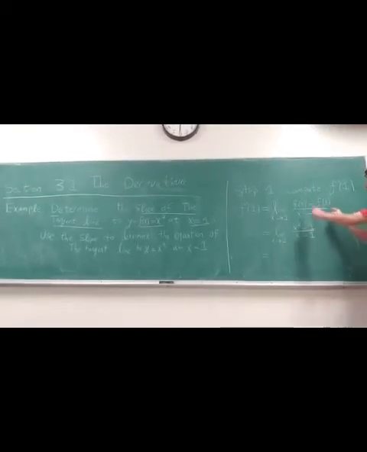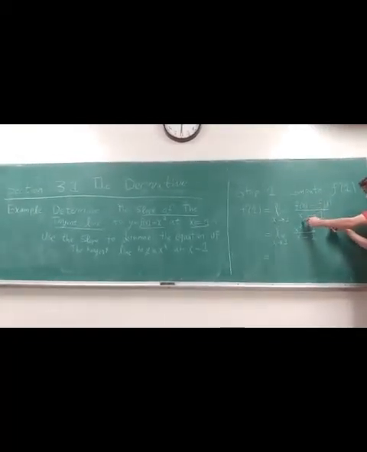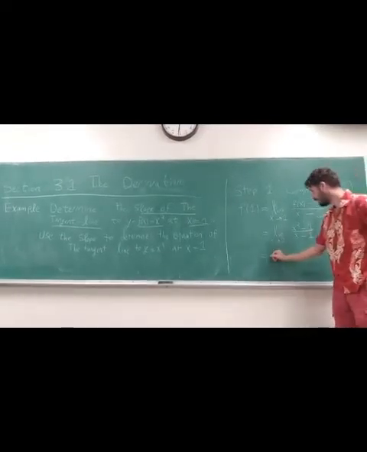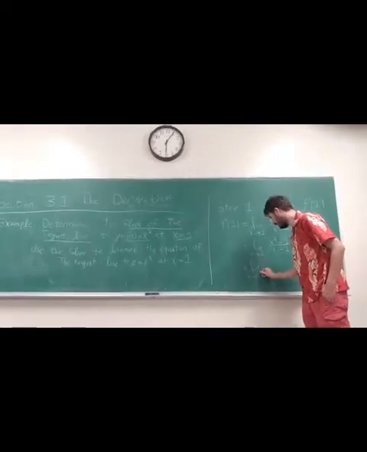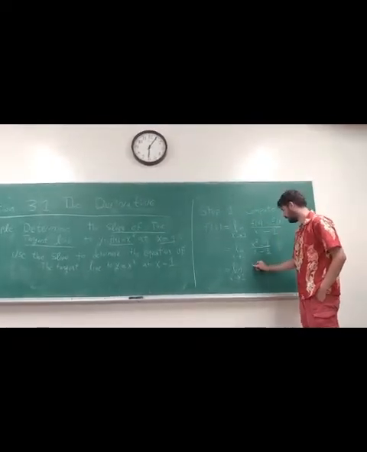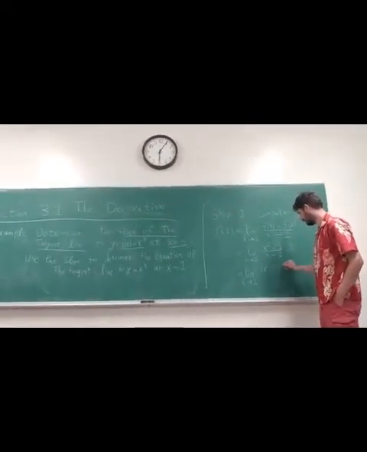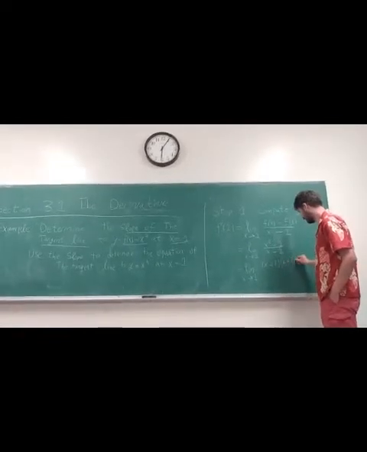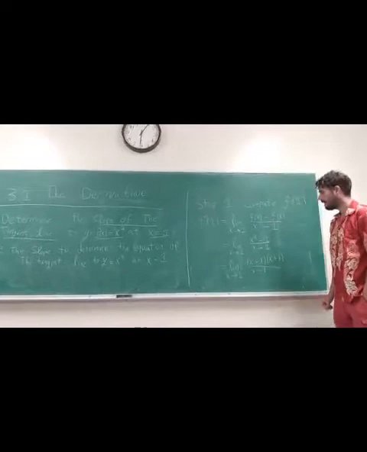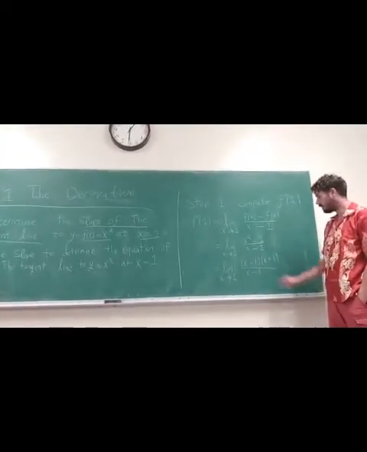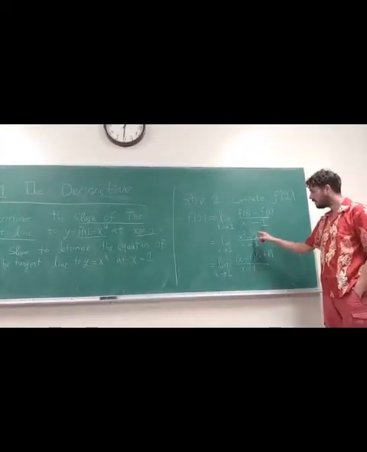Down here, this is the difference in outputs. This is the difference in inputs. Limit as x approaches 1 of x squared minus 1 over x minus 1.